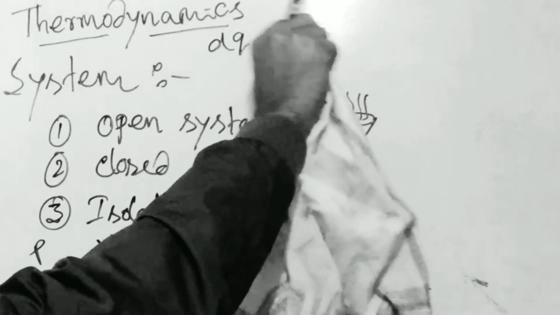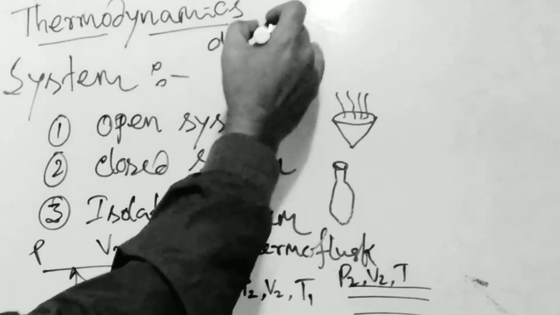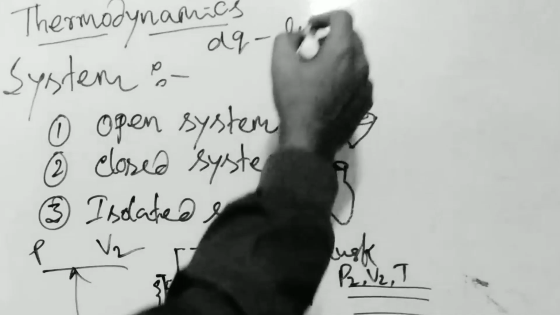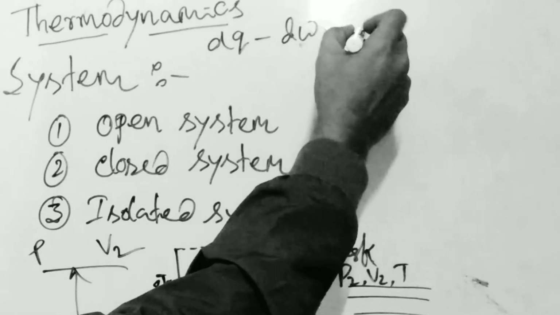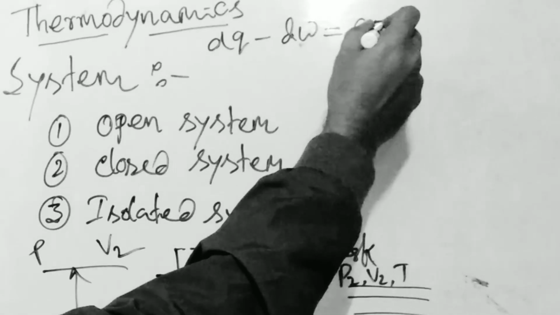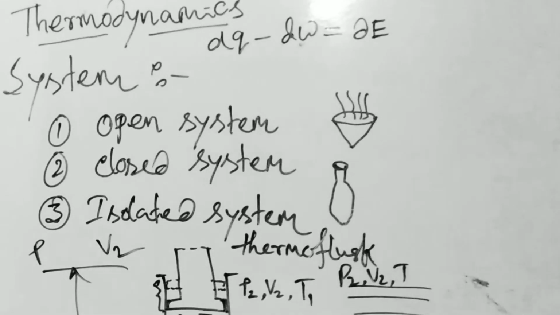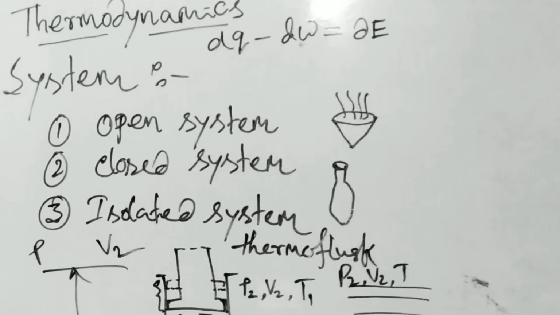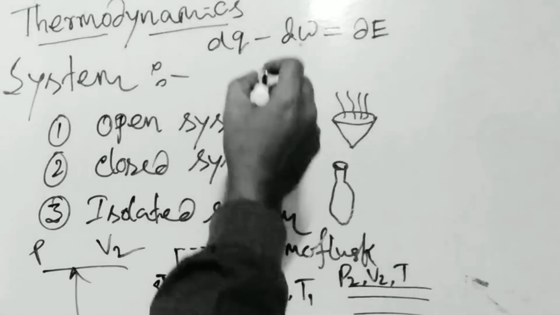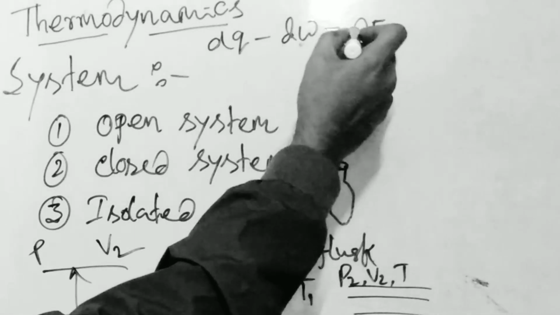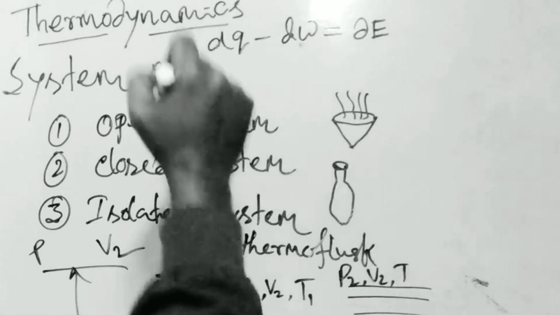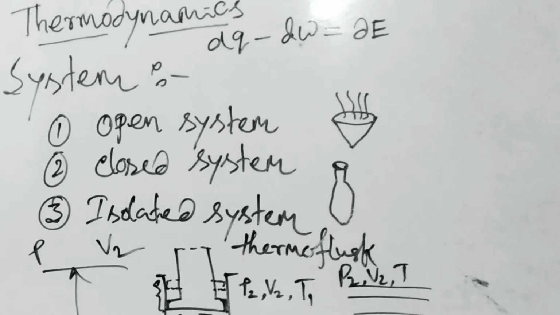If dq amount of heat is given to a system and the system does some work, like dw amount of work done by the system, then where goes the rest amount? It actually increases the internal energy. So the rest will be the internal energy change of the system, dU.